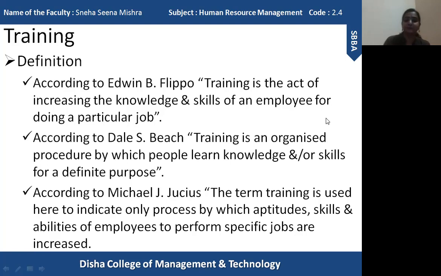It is a process by which the aptitude, the skills, the abilities of an employee are increased, which is also related to a specific job. So here not only knowledge and skills are imparted to an employee. According to Michael J. Jucius, aptitudes are also improved. So aptitude, skills and abilities of an employee improve when they go through the training procedure or training programs.